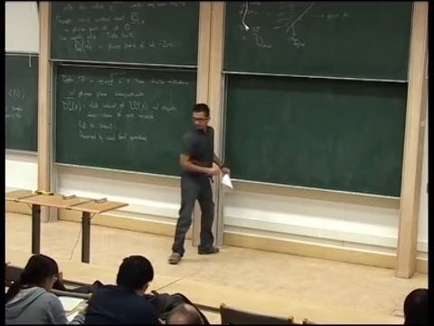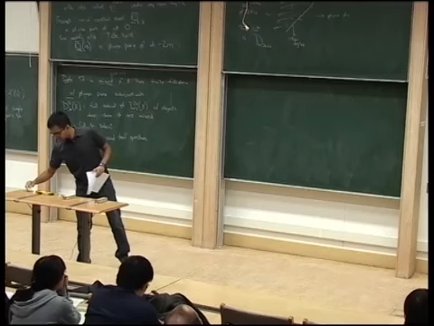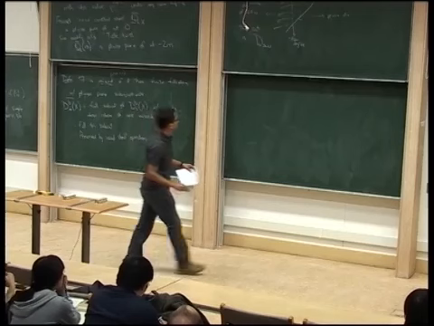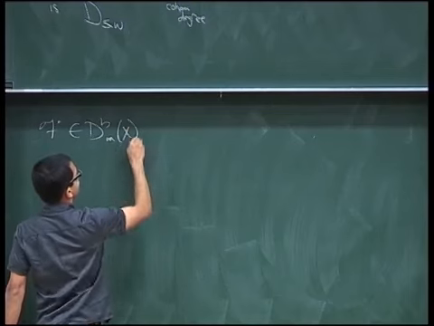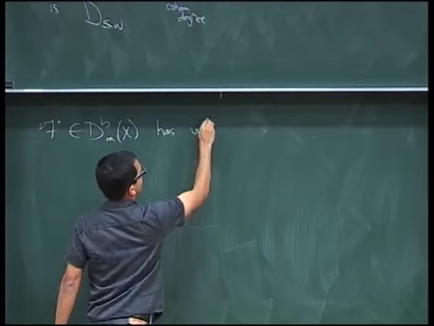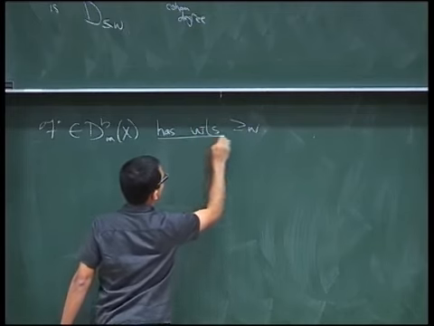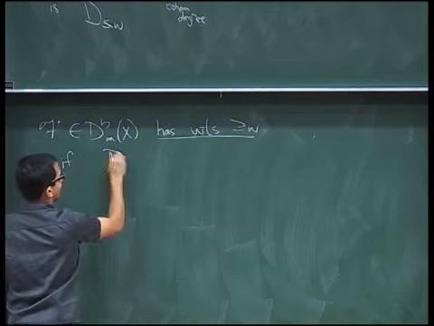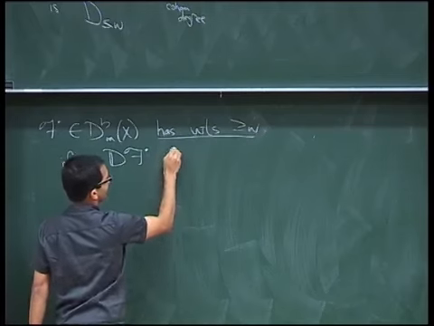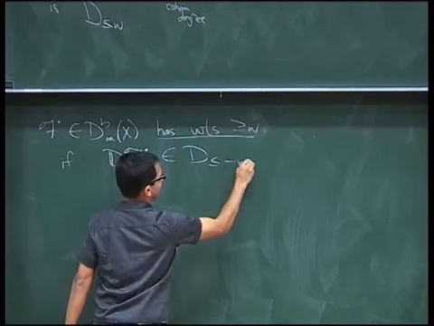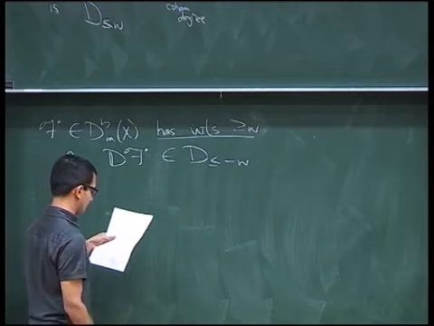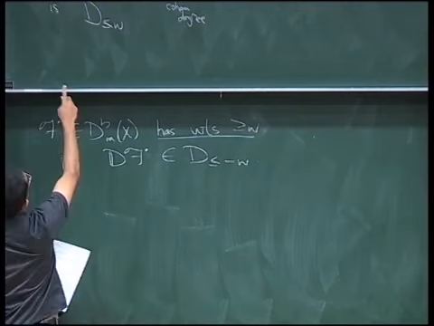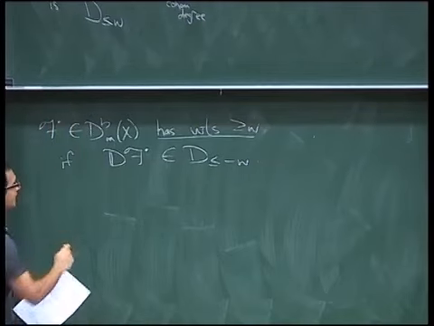So F in D^b_m(X) has weights greater than or equal to W if its Verdier dual has weights less than or equal to minus W. In general, this is not something that you can check by a condition on cohomology sheaves like you can for the less than condition.